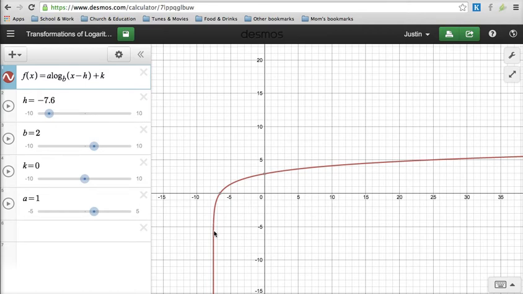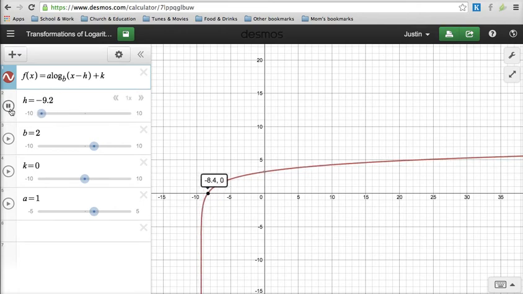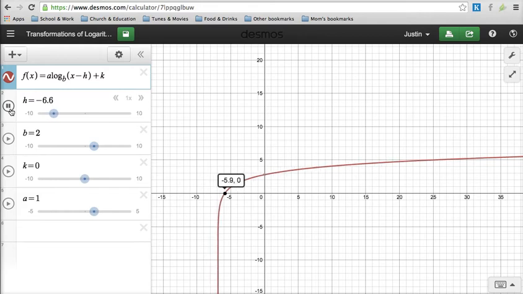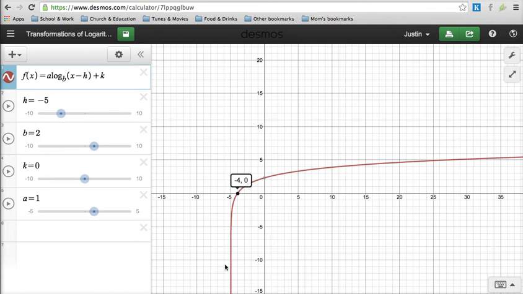Let's see if we can click on one of these things. Nope. Well, this is like at a negative 7.6 or so. If h was a negative 5, we can see the vertical asymptote is x equal to a negative 5.